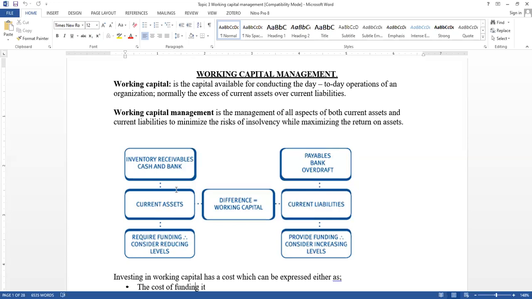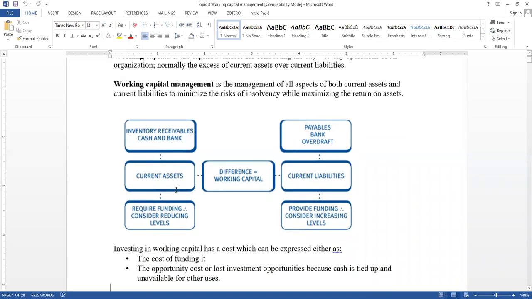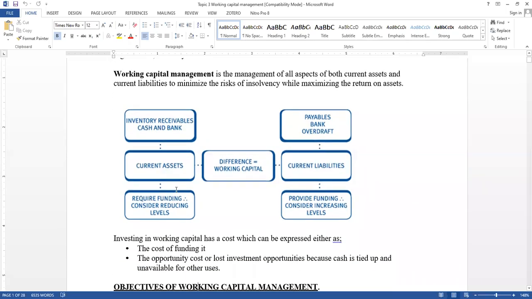But of course, as you also do that, you need to be extra careful so that you do not damage your reputation with your suppliers, because if your suppliers get to know that you are slow at paying, then any future supplies, they may always give at quite high prices because they want to factor in the time period that you take with their money. So you need to ensure that all those are taken into consideration.